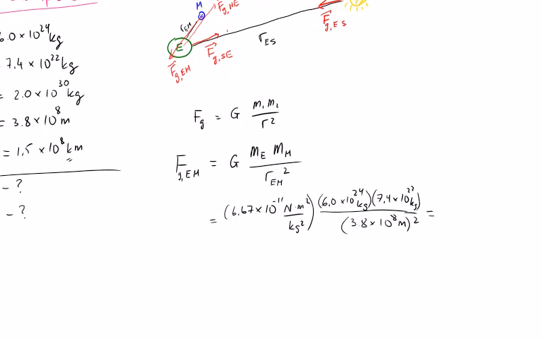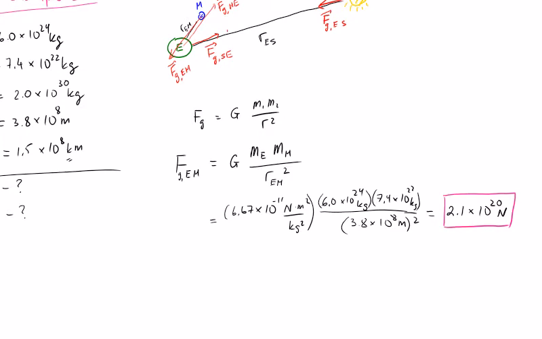So this will give us a result of 2.1 times 10 to the 20 newtons. So this would be the force between the Earth and the moon.